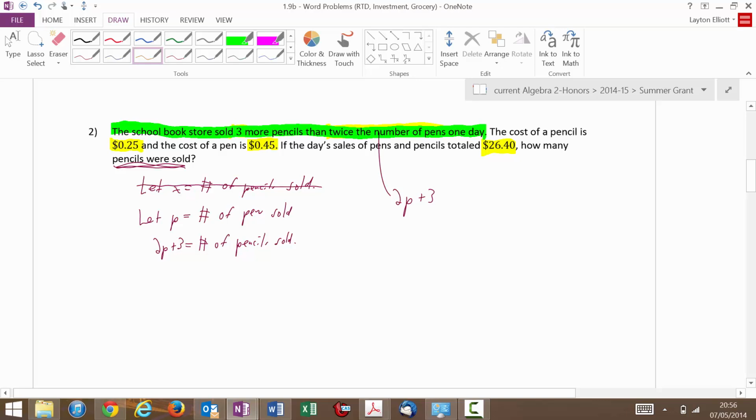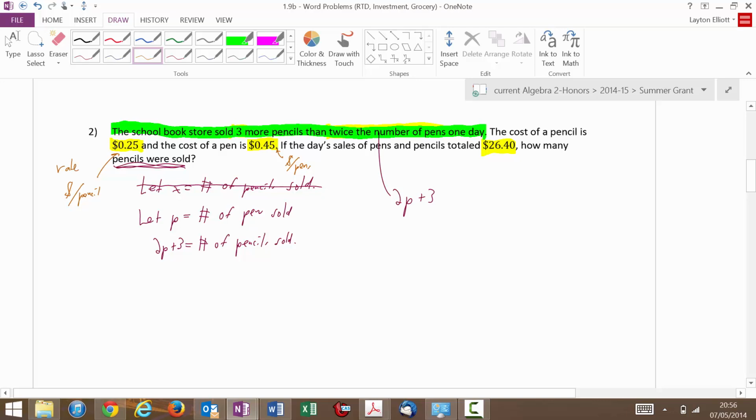If I have 25 cents, I want you to think about that. That is actually a dollars per pencil amount. And this 45 cents is a dollars per pen amount. Those are not strict amounts of money. That's a cost per unit, sort of like a rate.